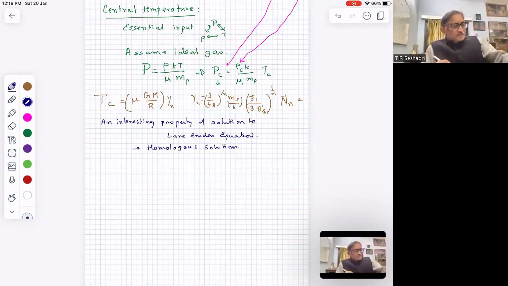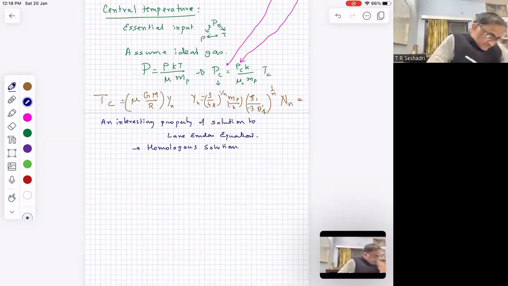Basically, homologous solutions means there's a scaling relationship. And so let us just see this. Suppose I have two systems. And suppose, for example, the central density rho c of one is, say, A times rho c of the other.